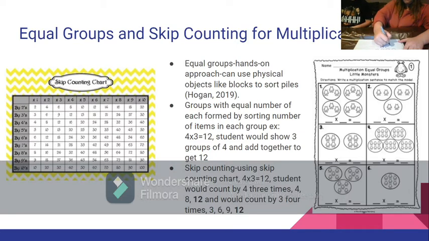So starting with 4, using the chart, 4, 8, 12, and then again with 3, we would count by 3 4 times. 3, 6, 9, 12. So we then know 4 times 3 equals 12.